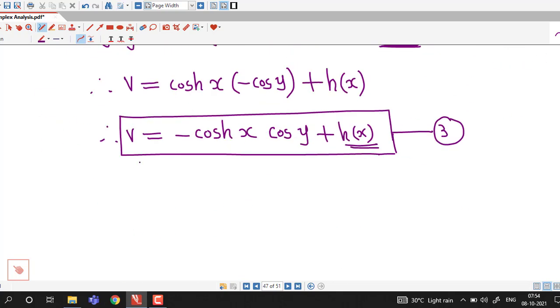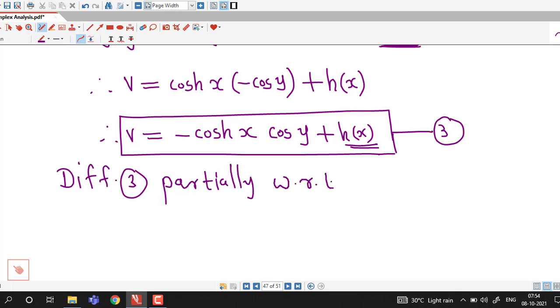So to use equation 2, we differentiate equation number 3 partially with respect to x. We have del v by del x equal to, we will consider y as constant because we are differentiating v with respect to x.